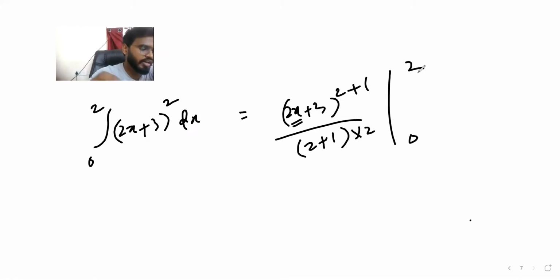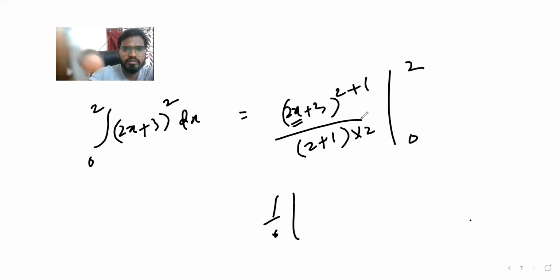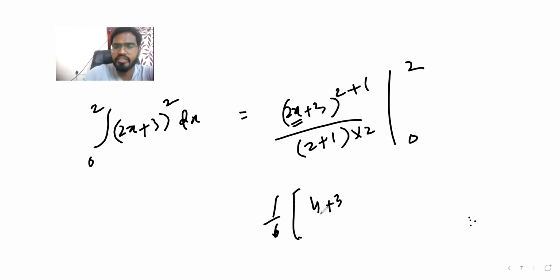Now we can say 1 by 6 ultimately will come out. So 1 by 6 is coming out, and then 2x plus 3 to the power 3, that we are going to put the limits in. If you put 2 here, then 4 plus 3, so 7, and then minus 0.